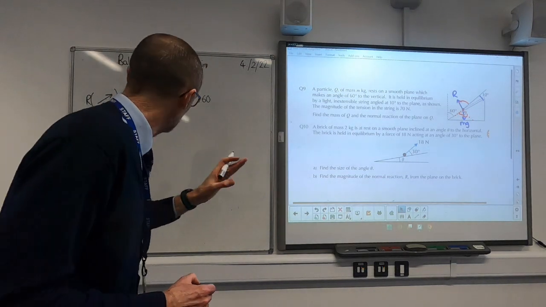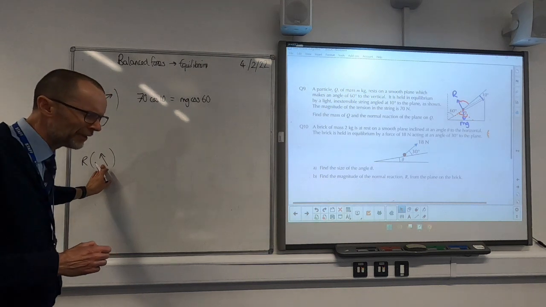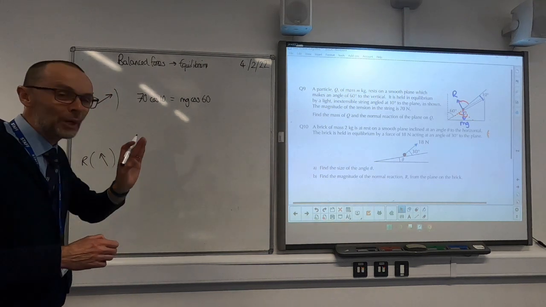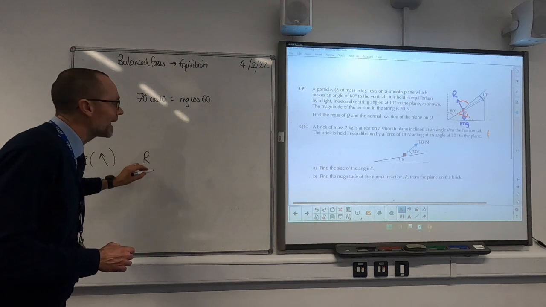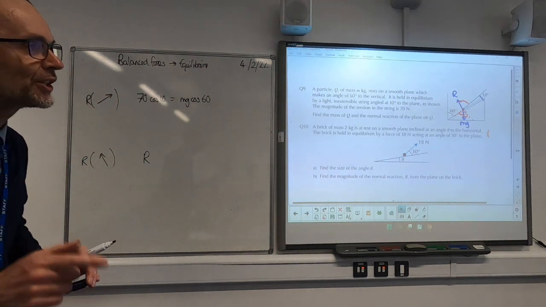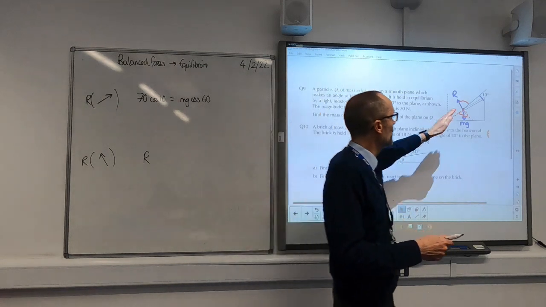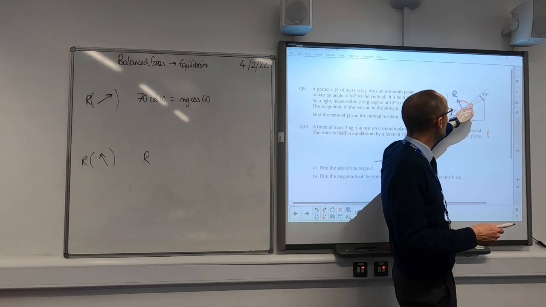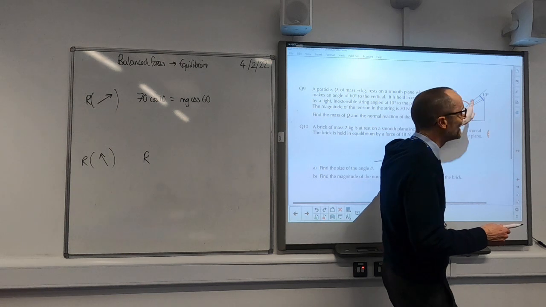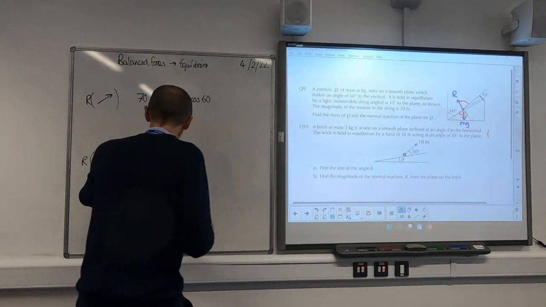Going perpendicular to the slope, it's been a long week, R is going up. In addition to R, this force, although it's pulling almost going that way, has a small effect, so it's going to be 70 cos 80, also pulling up.